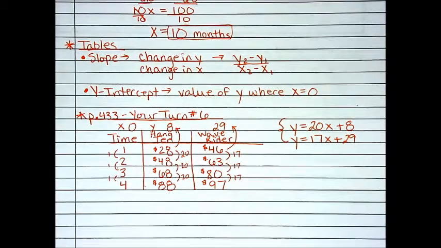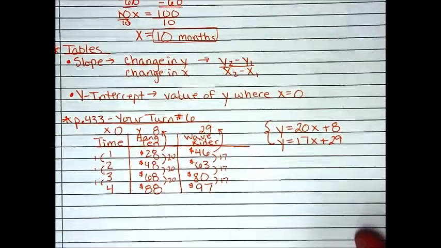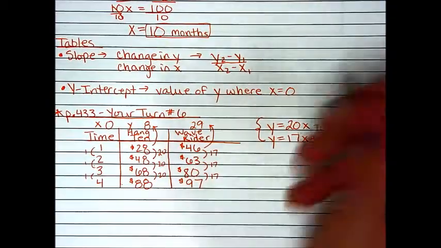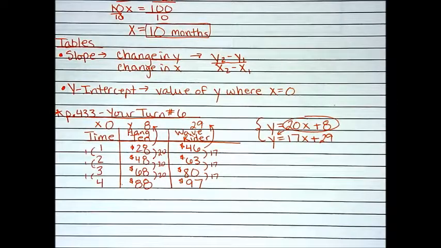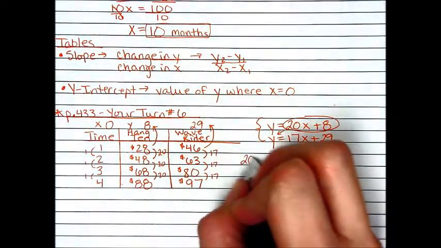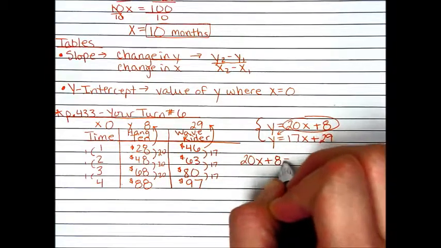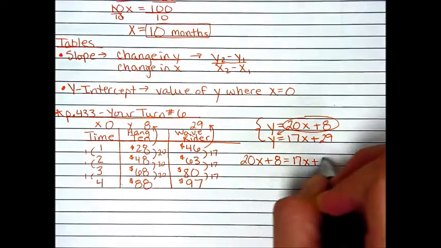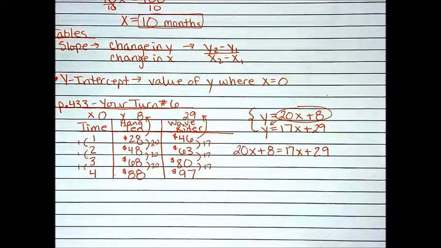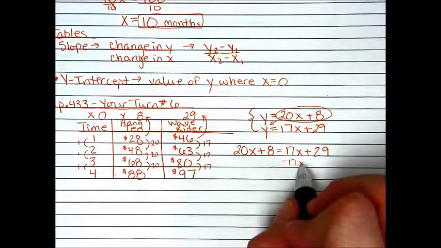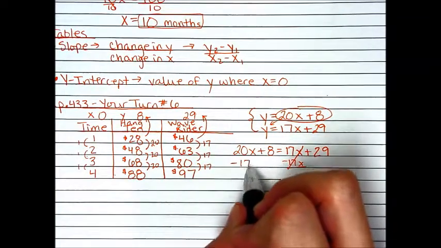Okay, so now you solve. I would totally solve that by substitution again. If y equals 20x plus 8, I would plug it in for the other y. So I would do 20x plus 8 equals 17x plus 29. Get your x's on the same side, so I would do minus 17x and minus 17x.